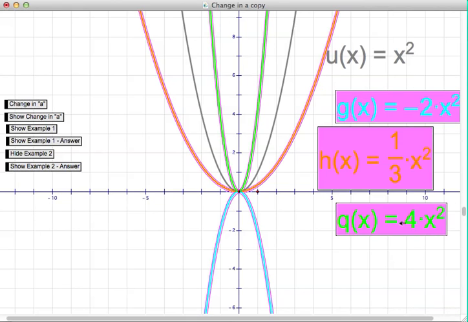And finally, we've got 4x squared, which is a big number. That's going to be narrower than our parent function. I want you to list those in order, like example 2 asks you to.